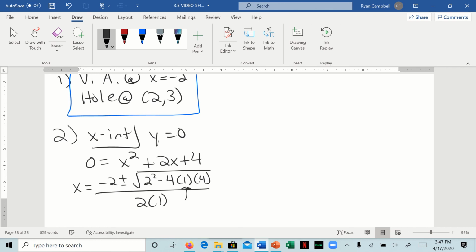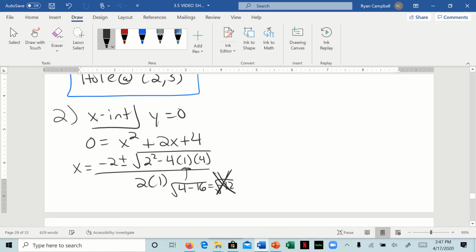Notice the inside, right? That's just going to be 4 minus 16, which is -12. And since we're taking the square root of that, that's not going to be a real number. So there are no x-intercepts this time.